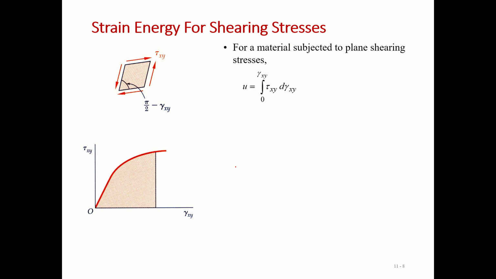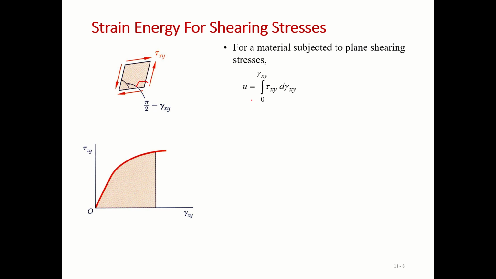We can find the strain energy for the shear stress as well. Shear stresses are usually associated with the deformation of the element, the angular deformation of the element. We can see that this 90-degree element was distorted to some reduced angle and some increased angle as well.